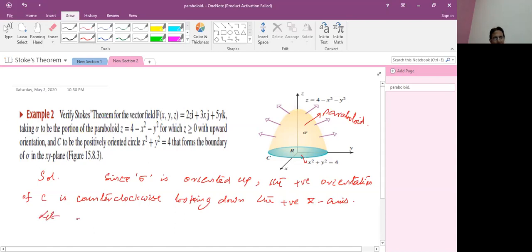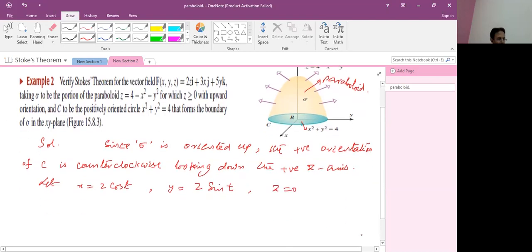Let x equal 2 times cos t. These are the parametric equations we consider here according to the given situation, and y equals 2 sine t and z equals 0.